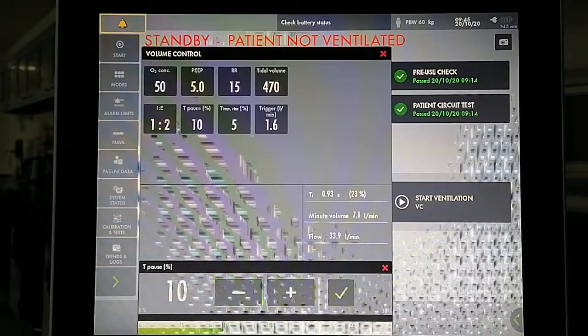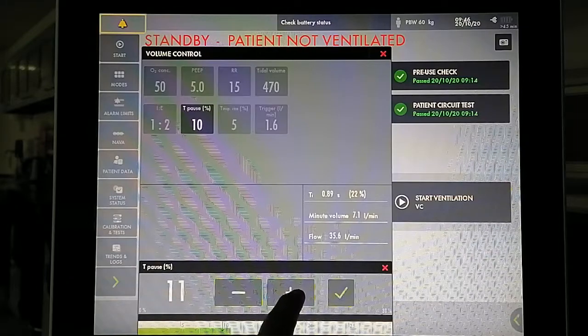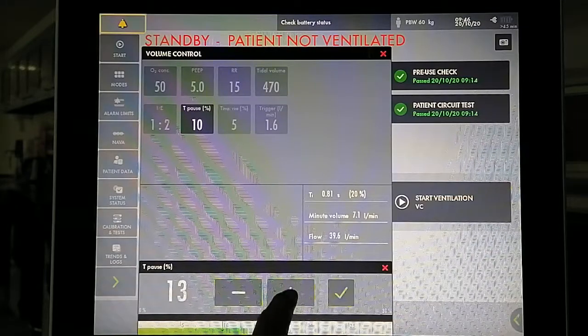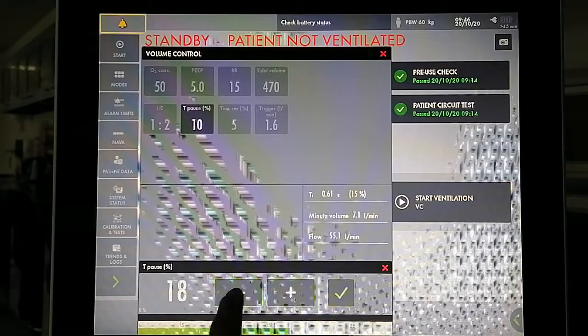The pause time, or percent T pause, when manipulated, when we increase this, we basically decrease the inspiratory time.